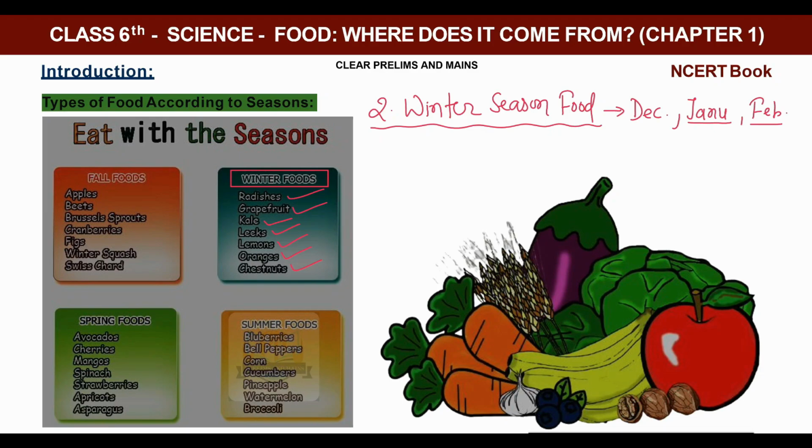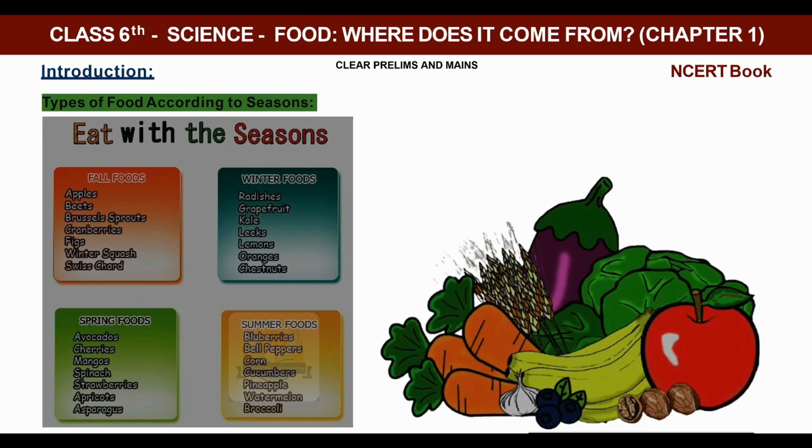After the fall season, we have a winter season, and in the winter season we have winter season foods. And after the winter, there is a coming of spring season, and we are getting spring season food around some days of February, then March, and in April.